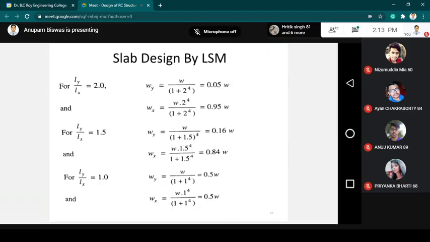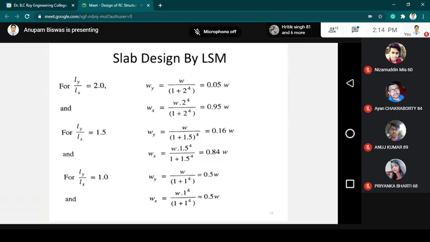But when the slab is more rectangular in shape, when the longest length is large compared to the shortest span, you can see that the load carried by the shorter span increases drastically.